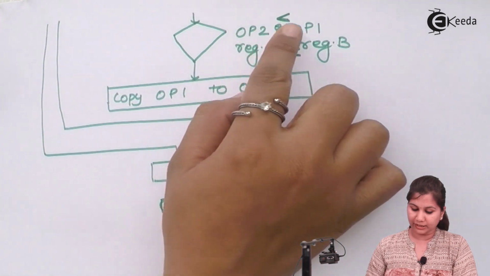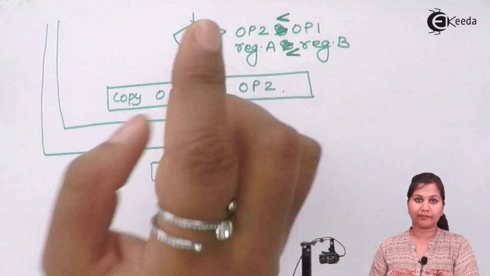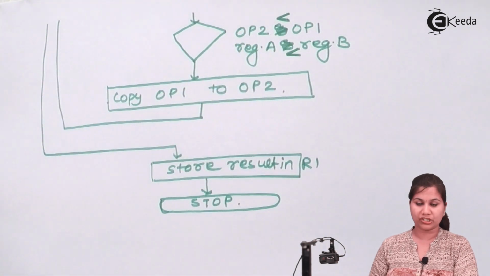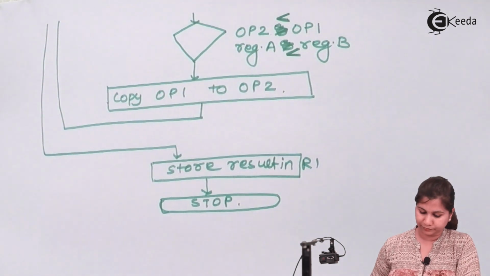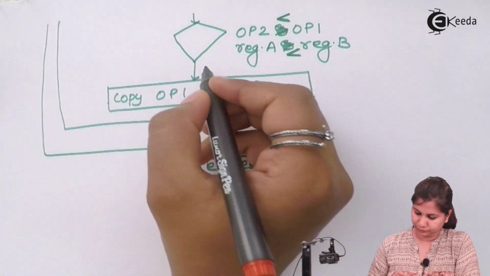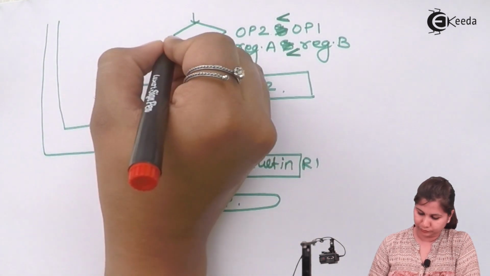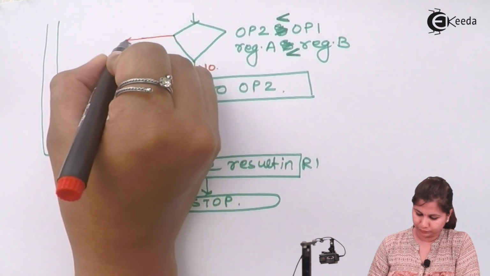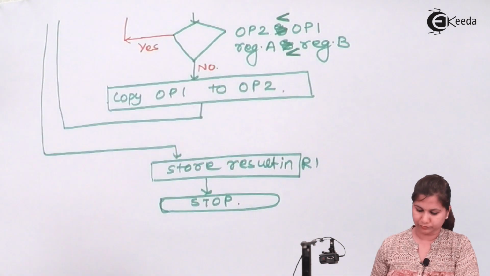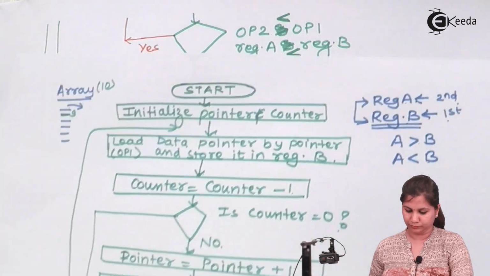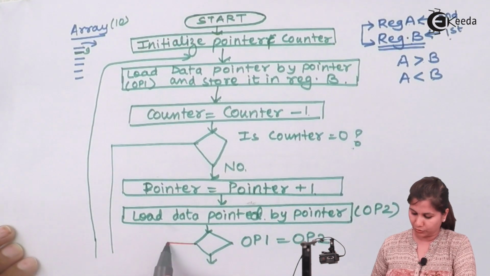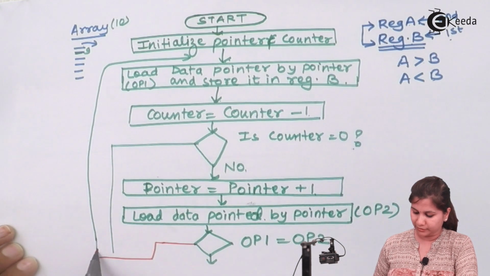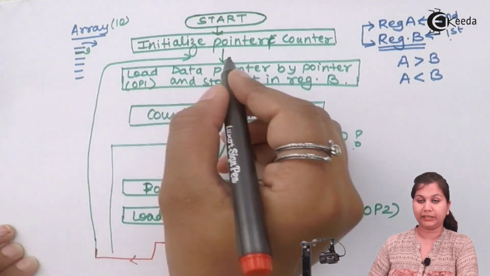Now here if this condition is not fulfilled, means if OP1 is greater than OP2, then you have to exchange the contents. Here also and here also, all these things will join with this and the process will be repeated.